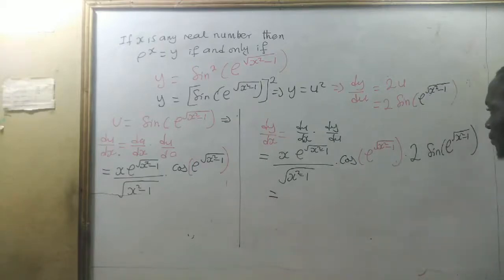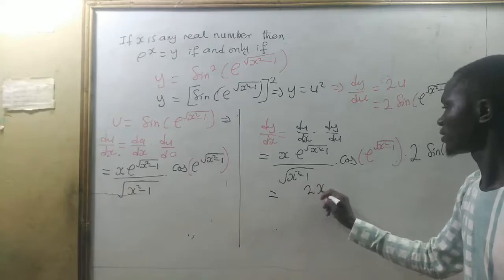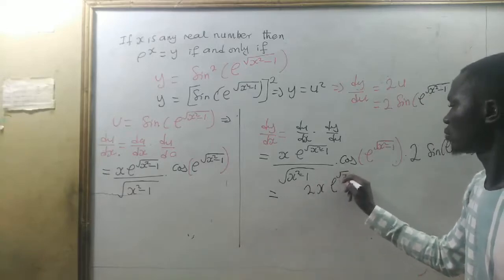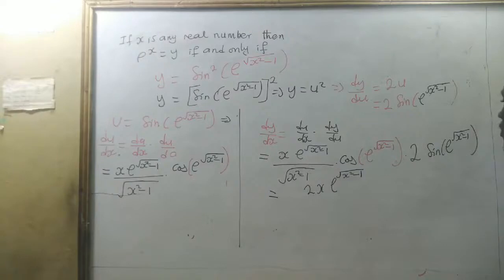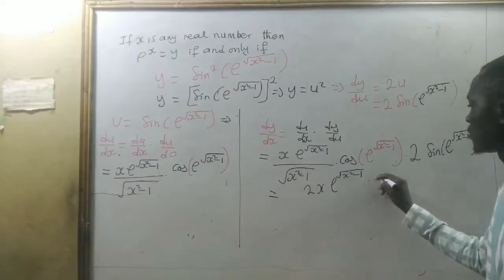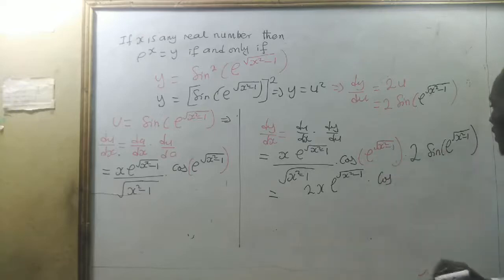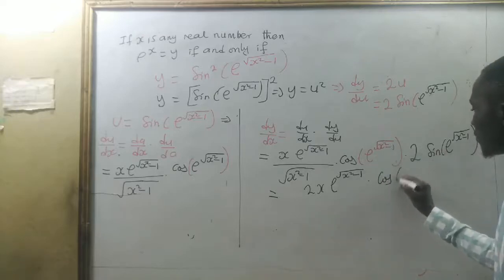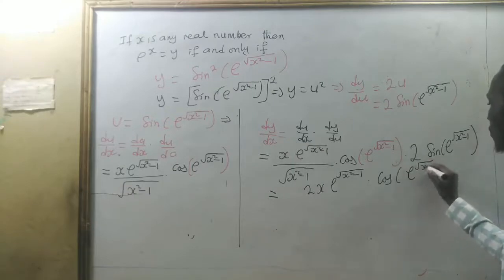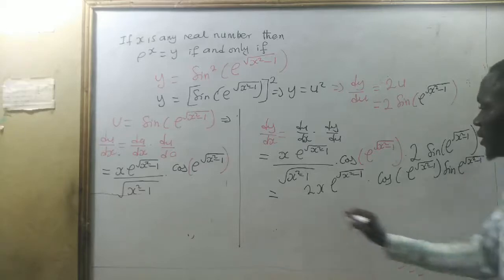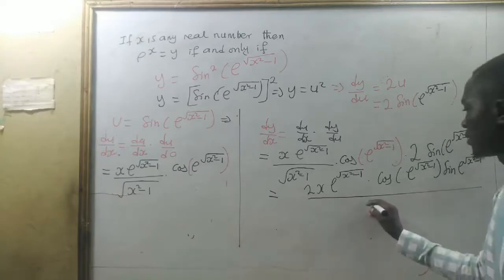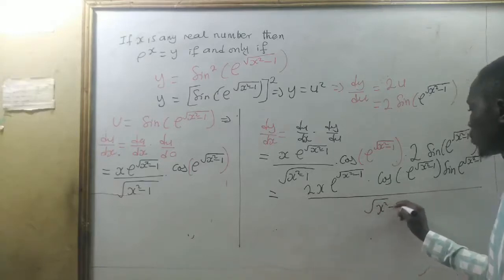We are going to get 2x e to the power square root of x squared minus 1, then cosine of e to the power square root of x squared minus 1, sine of e to the power square root of x squared minus 1, all divided by square root of x squared minus 1. Now we have something very interesting here.